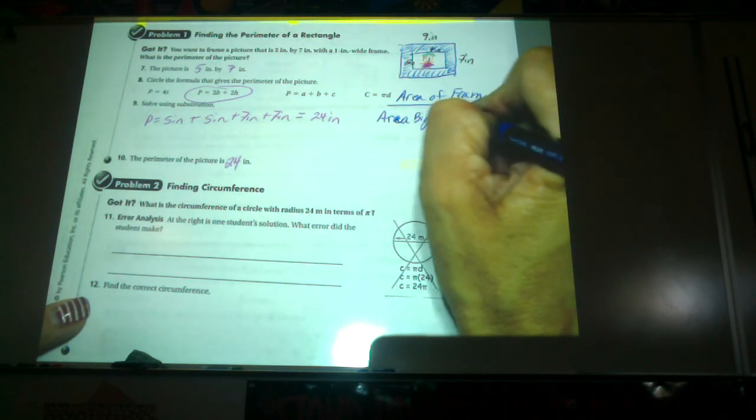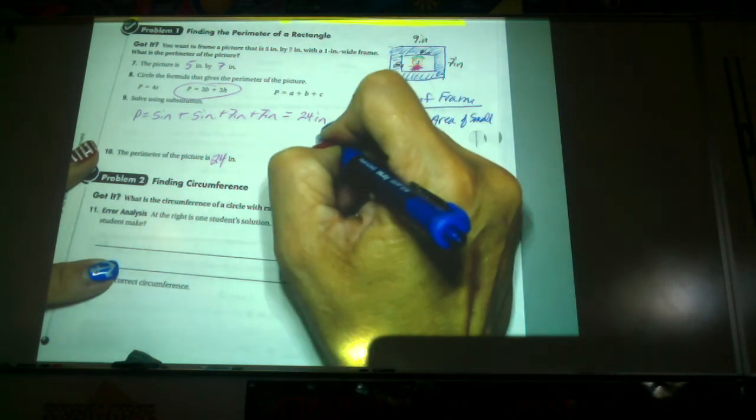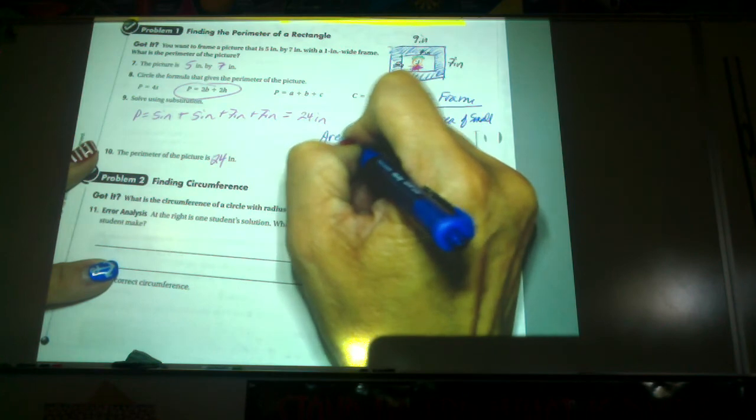So if you have the area of the whole outside, the area of the big, if I can spell correctly, area of the big minus area of the small. So the small in our purpose is the picture. Both shapes happen to be rectangles, and so you're going to take base times height and subtract base times height to get the area of the frame.